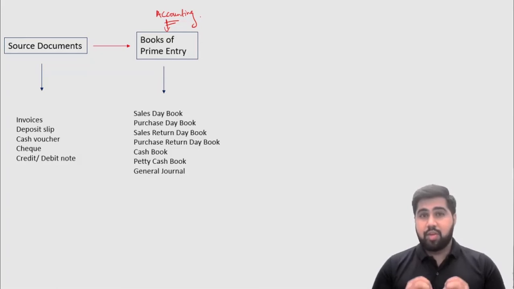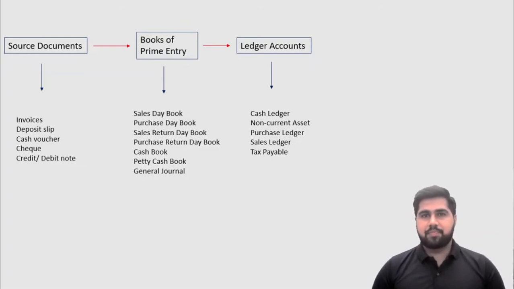Guys, please focus on what I'm saying, the words that I'm saying. We start summarizing these transactions at each stage. The first level of summary we make is your ledger accounts, right? The first level of summary, this is summary number one, I would say.